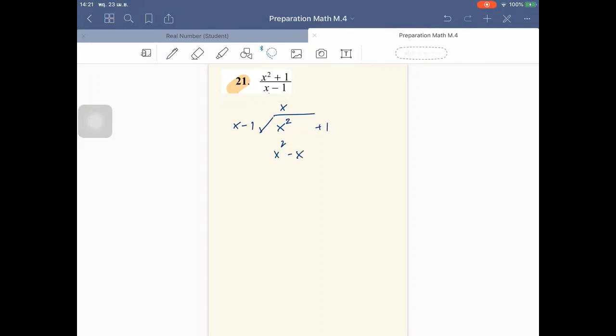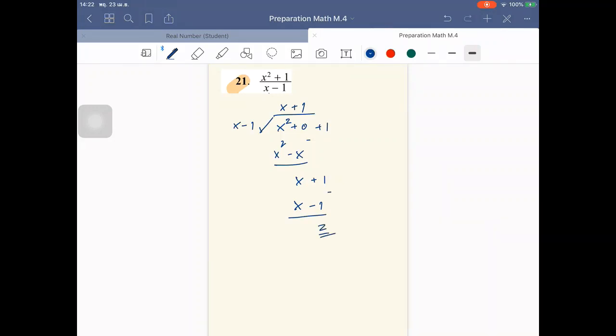Sorry, for this one you should add 0 here to represent the degree of 1, okay? And then you do subtraction, you get x, and then you pull 1 down here, and you also multiply 1. You get x minus 1, and you do subtraction again, you get 2.